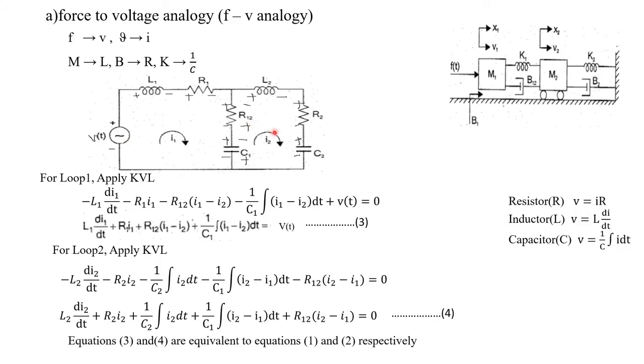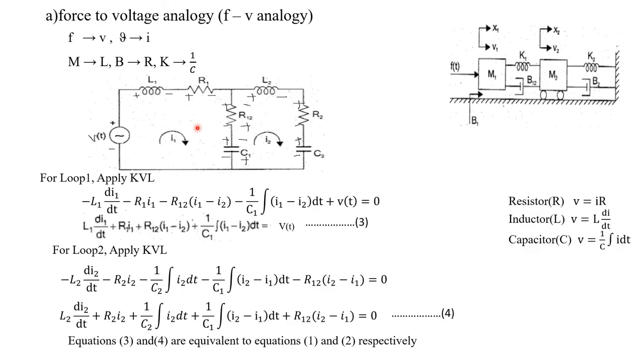Whatever the direction, while writing the expression we have to consider the polarity in such a way that it matches the direction of current flow. So now we can always take the direction of current as clockwise.